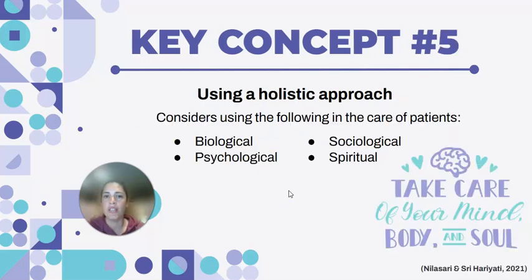She's very holistic. It is about the entire patient. It is their biological, their psychological, their sociological, and their spiritual well-being. If all of that's met, then you've done as good of a job as you possibly can for that patient, and that is our goal.